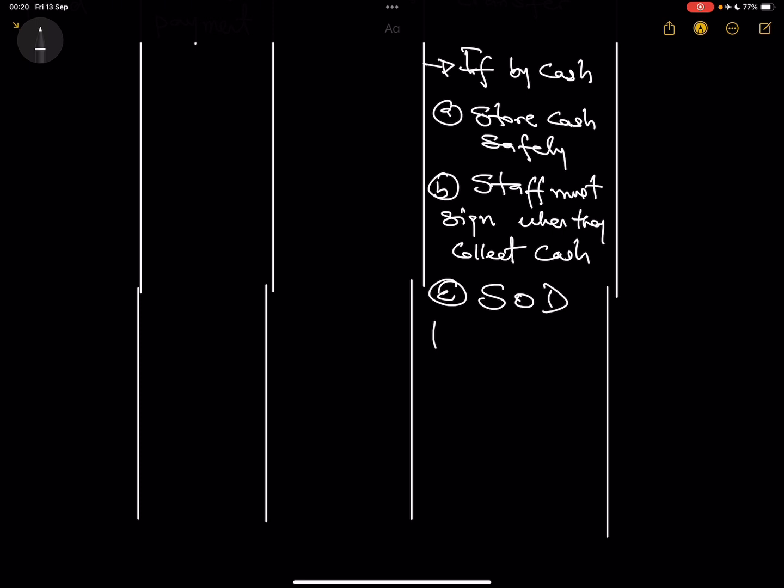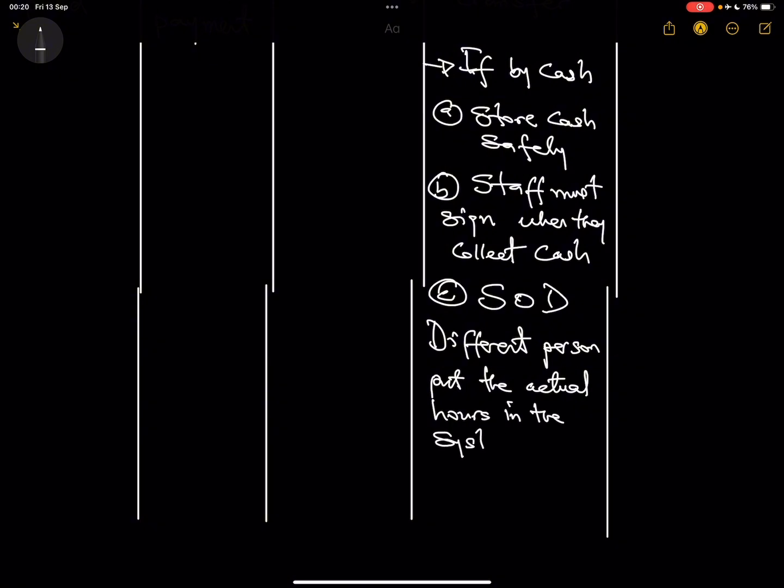And that is ensure that a different person puts the actual hours in the system and payment of cash is made by another person. So different people must do these two things.